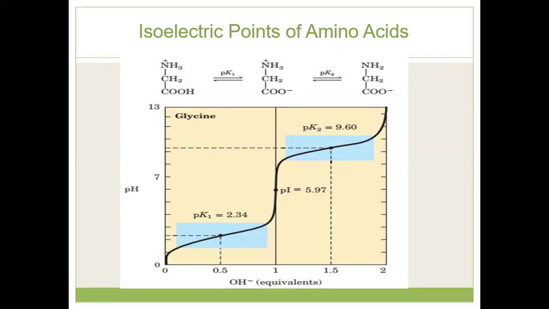When they exist in ionized form, the environment was made in such a way that for the carboxyl group, the environment is basic enough for it to release the proton to the environment, while for the amino group, the environment is acidic enough to accept a proton.